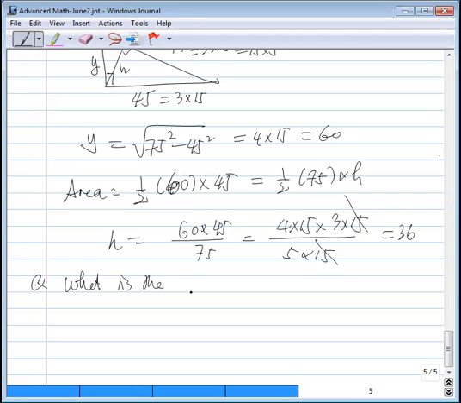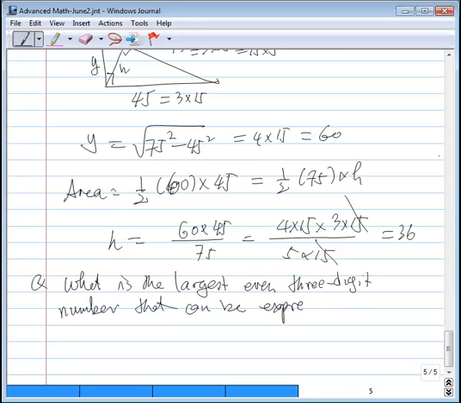What is the largest even 3-digit number that can be expressed as a product of 3 distinct primes?